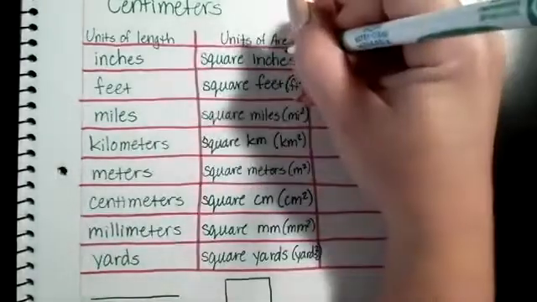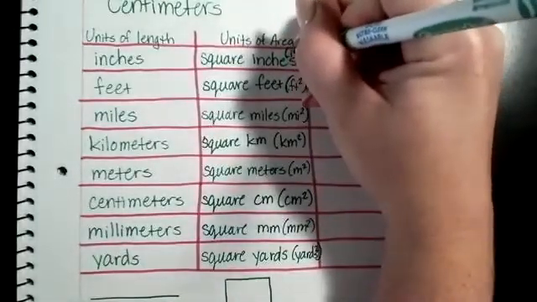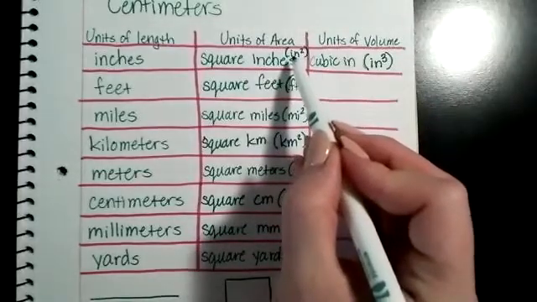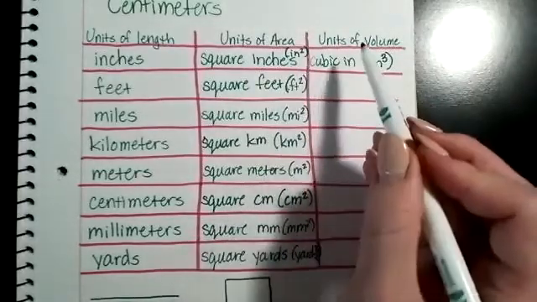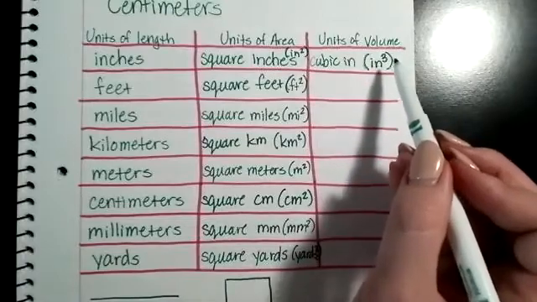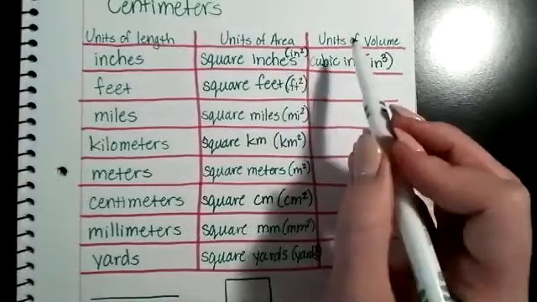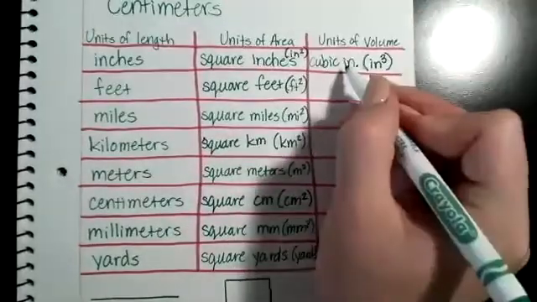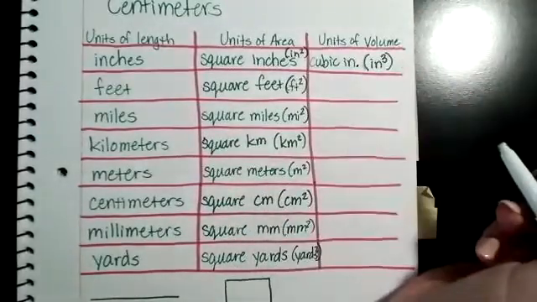Let me fit this in here so you can see the comparison. When we're looking at area, we would be writing it as inches squared. When we're looking at volume, we're looking at inches cubed. It would continue with all of these, and this is an abbreviation. That means inches. I just couldn't fit the whole thing in there.